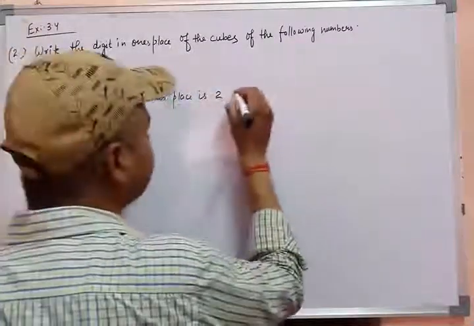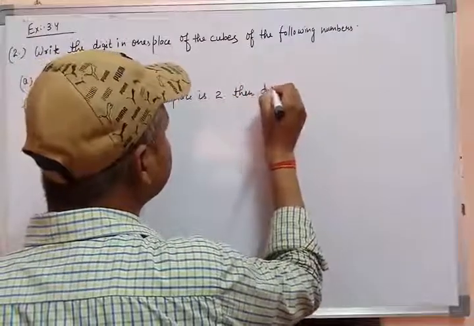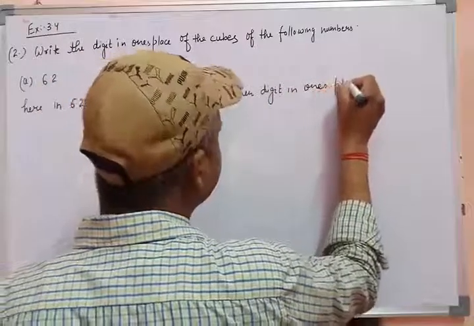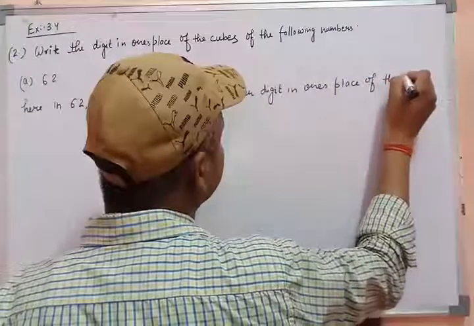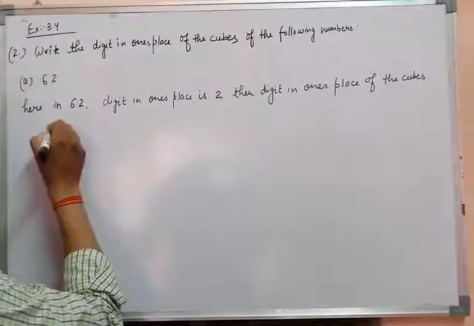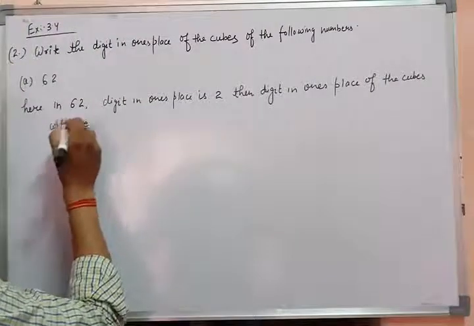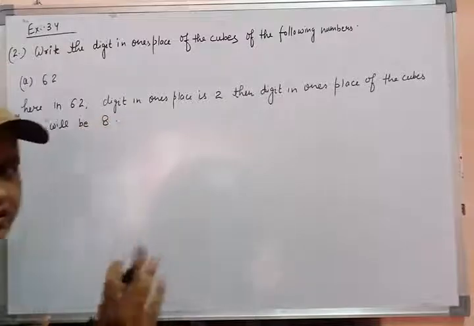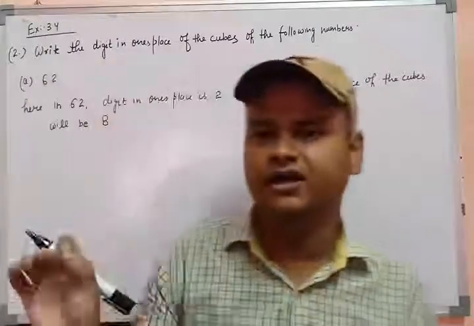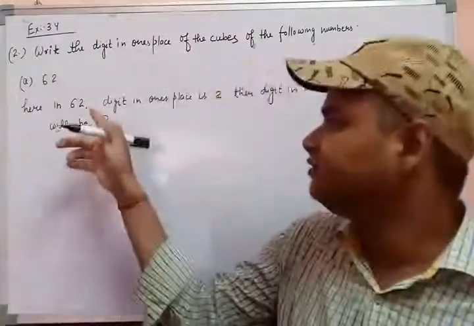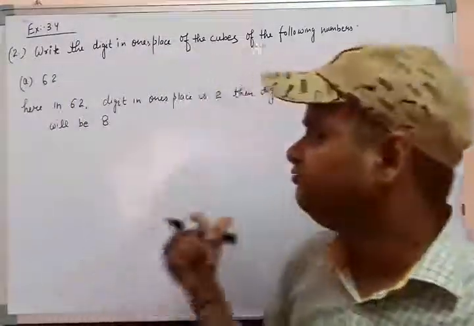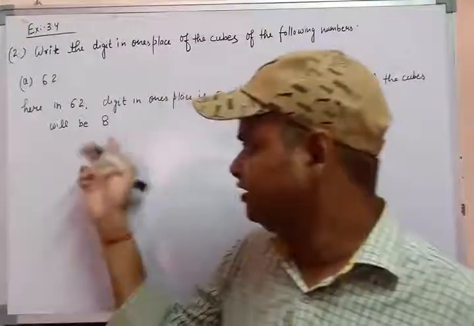Then the digit in one's place of the cube will be 8. So there is no need to find the cube of the number. You have to write the direct answer: if the one's place of the digit is 2, then the digit in one's place of the cube of the number will be 8. So this is the answer.